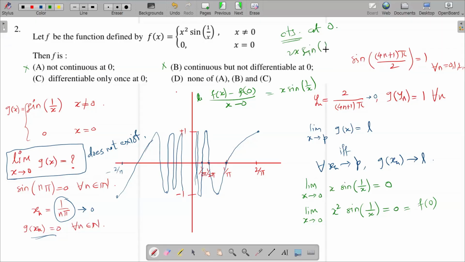This will be one term, isn't it? u into v जब लगाएंगे तो प्लस समथिंग भी होगा, but in this, 2x sin 1 by x is not going to be differentiable. So it is differentiable only once at 0, not twice. Second derivative नहीं exist होगा इसका.